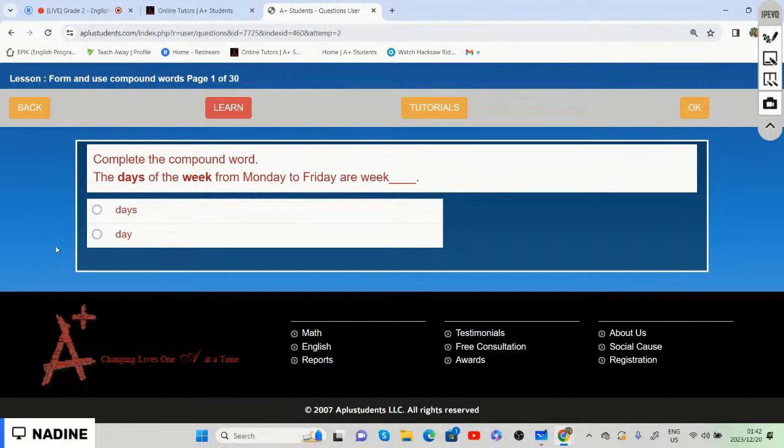All right, and if we find the compound word or look at the specific word that is missing, we can say they are weekdays. Because remember, Monday to Friday are days. So weekdays.